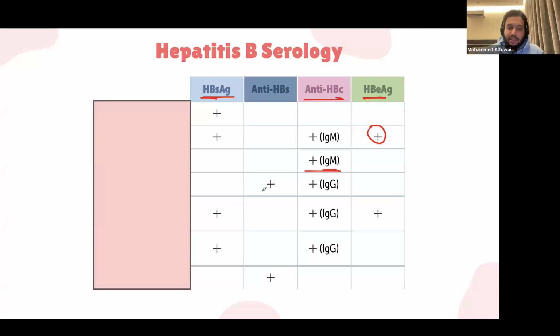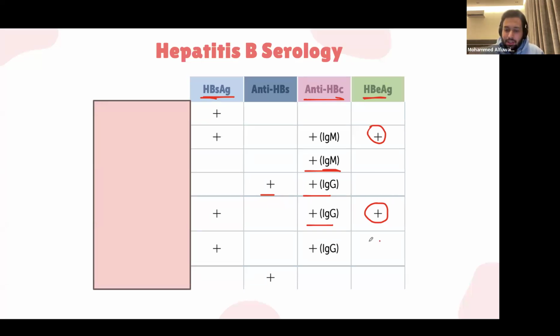Good. This patient who has anti-surface antibodies with IgG anti-core antibodies: recovered. Good. Then this patient who has surface antigen with IgG core antibodies, and he has elevated E antigen: chronic, highly infective.